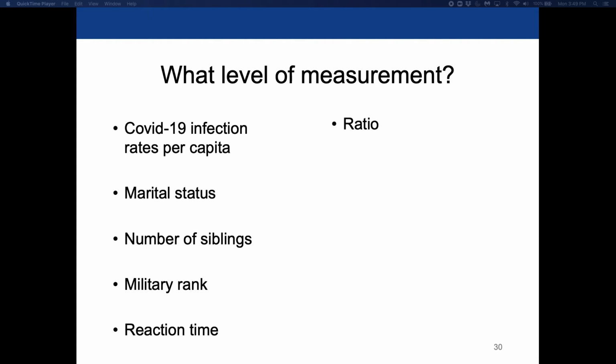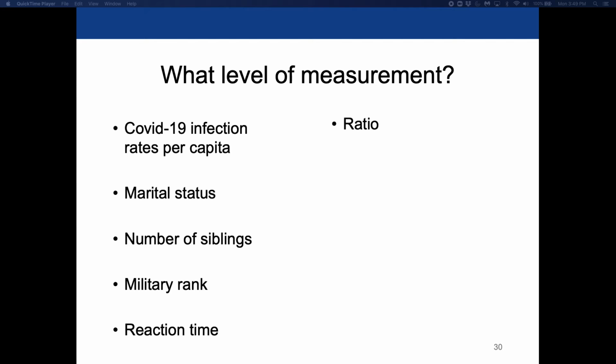All right, so what about marital status? What would a marital status be? We'd have single, we could have divorced, we could have married, let's say. Are there equal intervals of marital status? Is there an equal spacing from single to married, married to divorced, or something like that? No, there isn't.